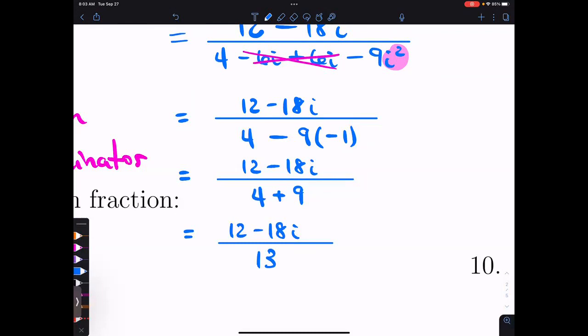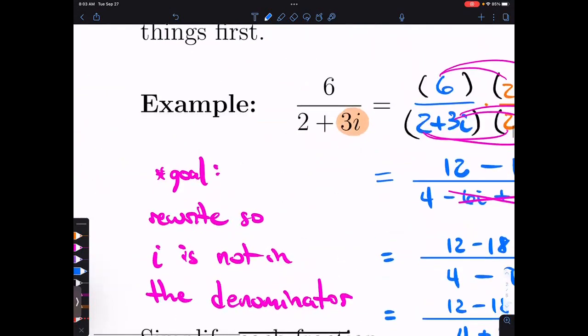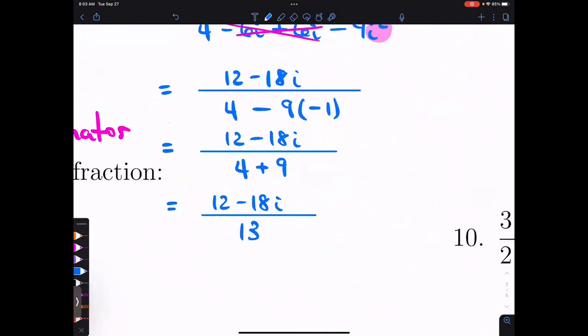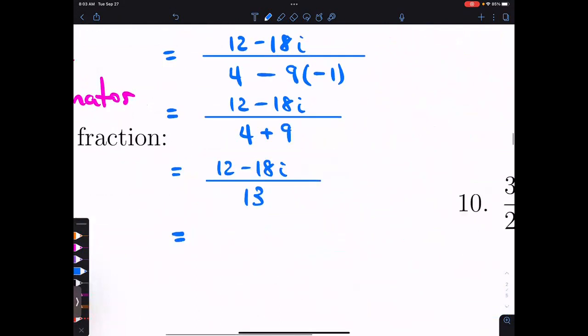That's what you get when you divide 6 by 2 plus 3i. And then the last thing we would do, for the sake of putting this in a nicer form, is separate the real and the imaginary parts. Because we've got some fractions here, if you could reduce, you would reduce. Neither of those do, but we just separate out the real part from the imaginary part.